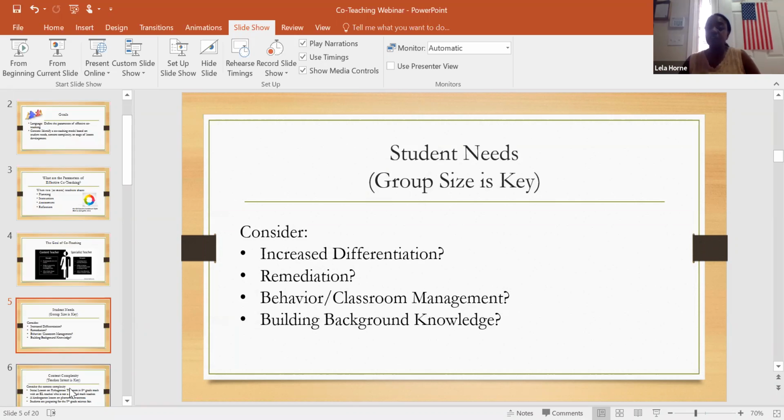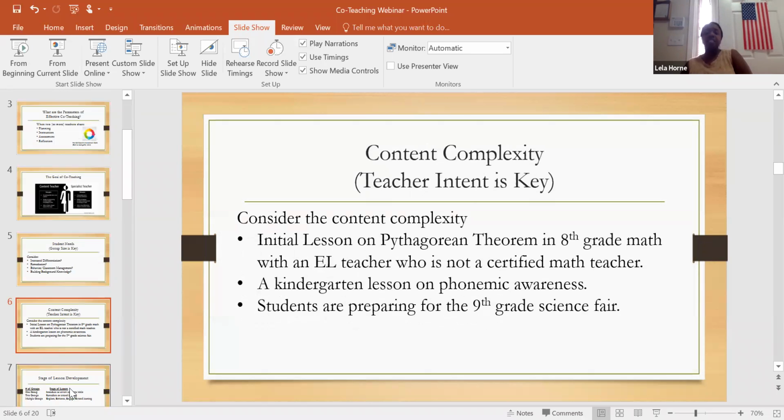Then again, if we are talking about a somewhat complex structure, but only one teacher is content certified, we may need to initially have the one group models that we will discuss in a moment here. Teacher complexity, content complexity and teacher intent is also very, very important.